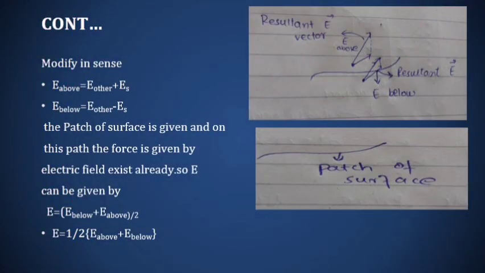In this slide, let's focus on a tiny patch of surface that we can clearly see in the figure. Make it small enough so it is essentially flat and the surface charge on it is essentially constant. The total field consists of two parts, the electric field above and the electric field below.